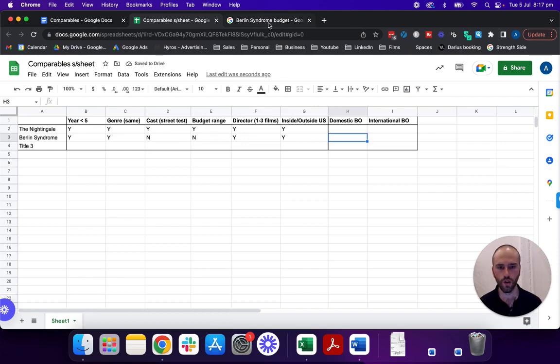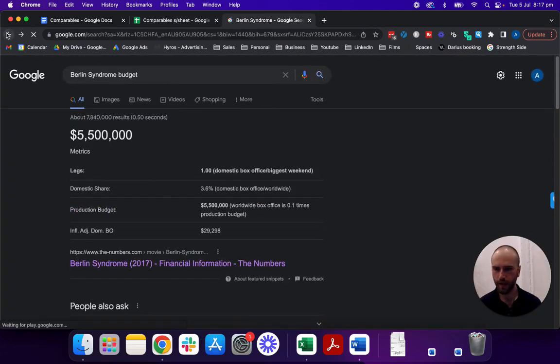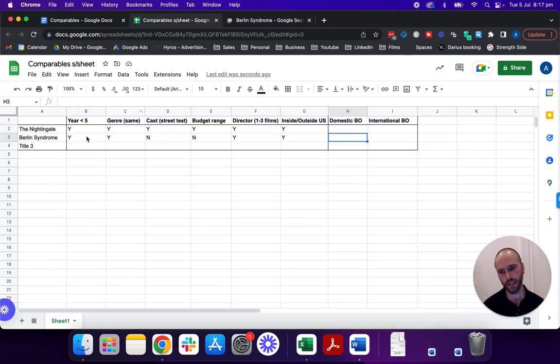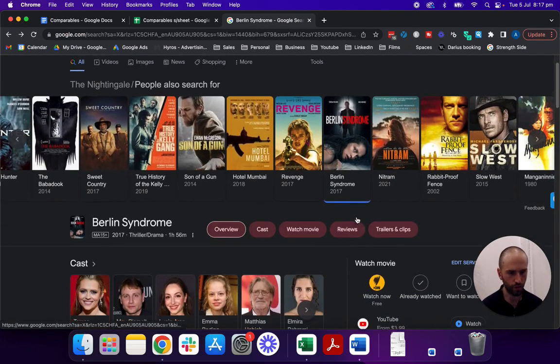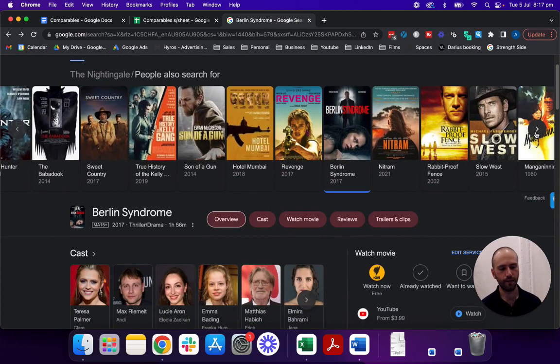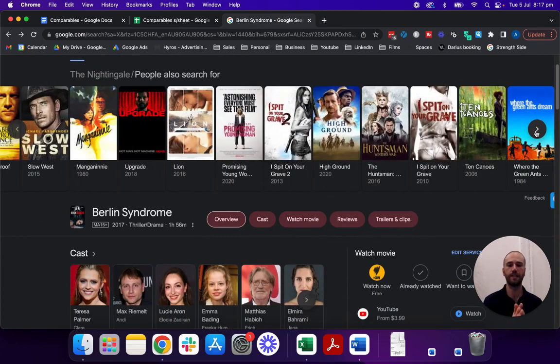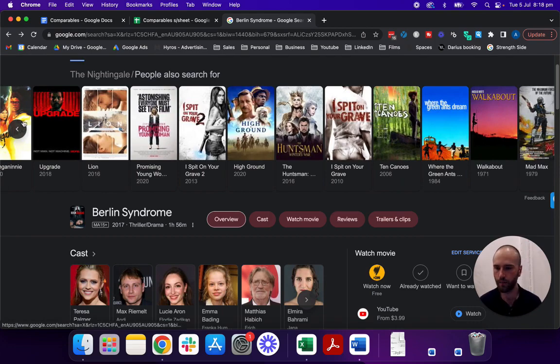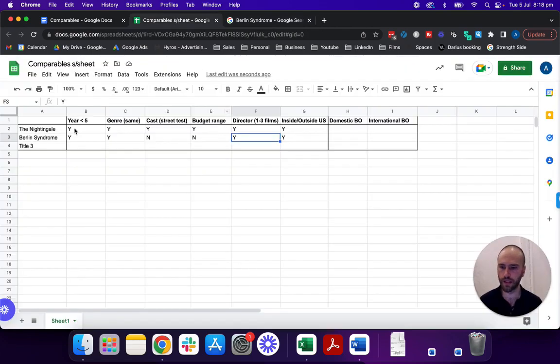So the reason I want to put that in is because it did hit a few of the marks, but not all of the marks. And so what I would do is, if I've taken this to the furthest I can take it, I've done all the research I can, and nothing else is coming up, then I might use that as a comparable.